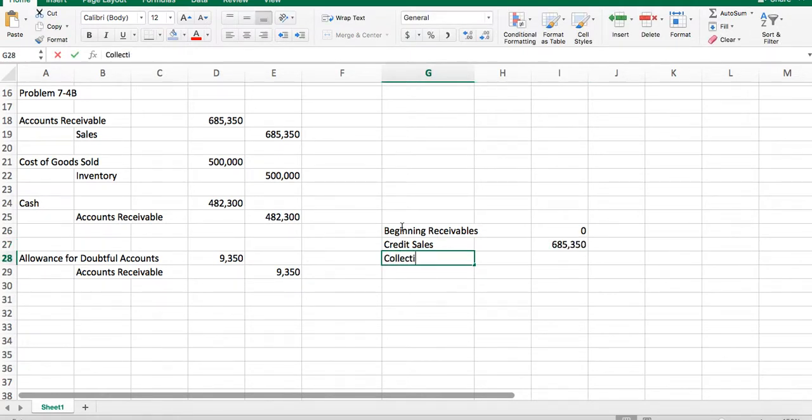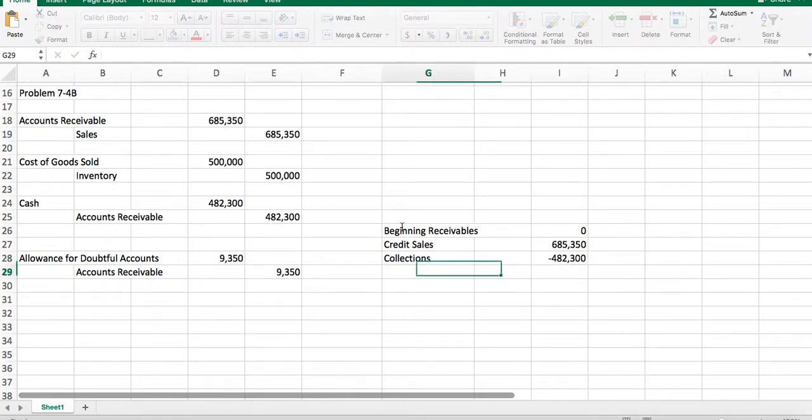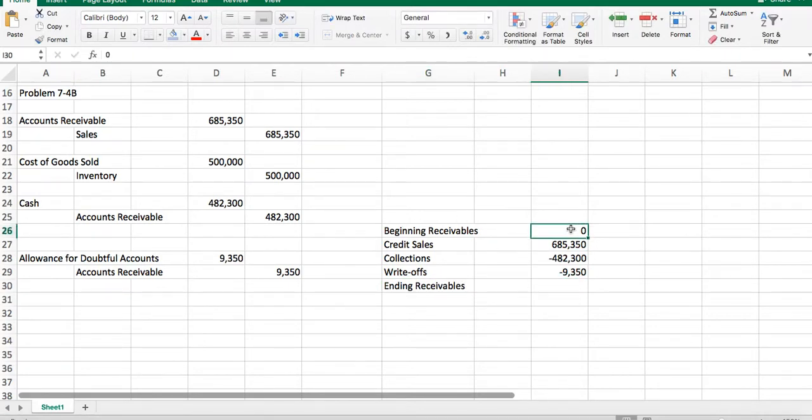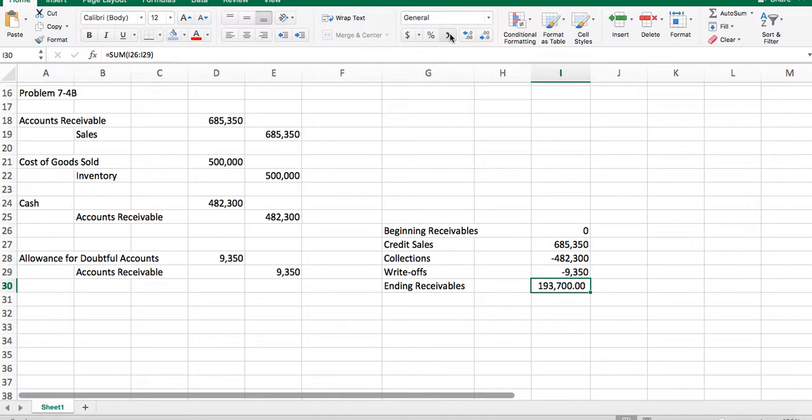Our collections were $482,300. Our write-offs were $9,350, which gives us an ending receivables. We can sum that up, or you can do a calculation and enter it, whatever works for you. But it's $193,700. That would be our ending receivables.